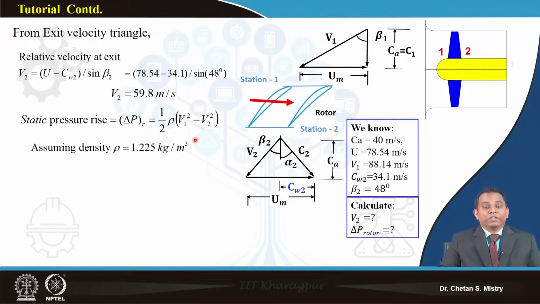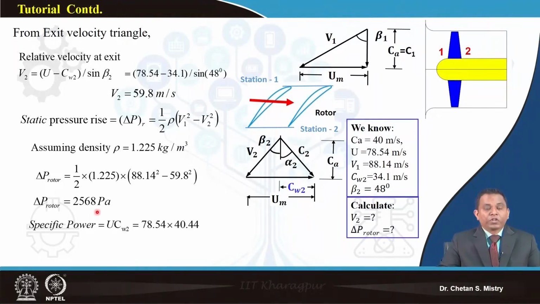Since density is not given, I can safely assume density as 1.225 kg per meter cube. This gives me my delta P across the rotor, meaning the static pressure rise across the rotor. It's coming 2568 Pascal or 2.56 kilopascal.